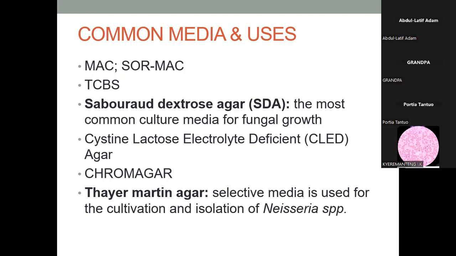Since it has been known to be pathogenic, if you get E. coli from stool, you have to find out whether it is the normal E. coli or this strain called E. coli O157. The medium used to distinguish between the normal E. coli and E. coli O157 is sorbitol MacConkey.